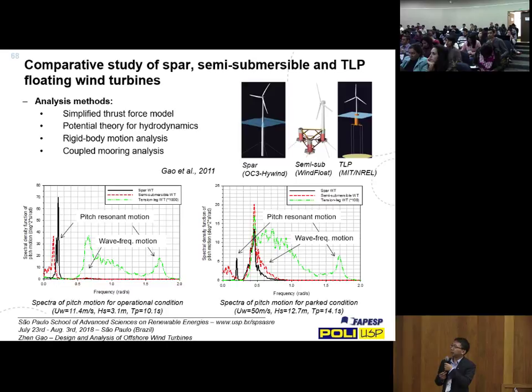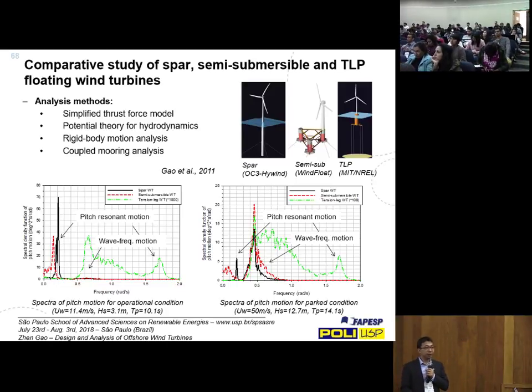And then we also have done some studies for different types of floating wind turbines, spar, semi, TLP, referring to the same wind turbine, the NREL 5 megawatt wind turbine. And then we compare the pitch motion for different conditions. These are operational conditions with mean wind speed at the rated wind speed, and then the parked condition.